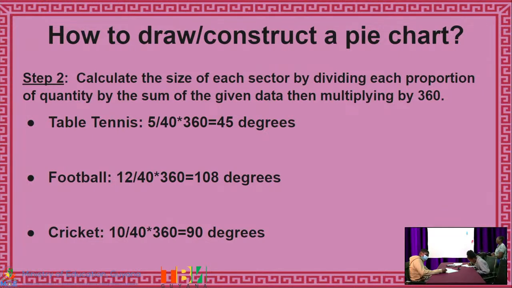So let's go to football. 12 over 40 multiplied by 360. When we cancel again, we get 9. 12 multiplied by 9, 12 nines is 108.